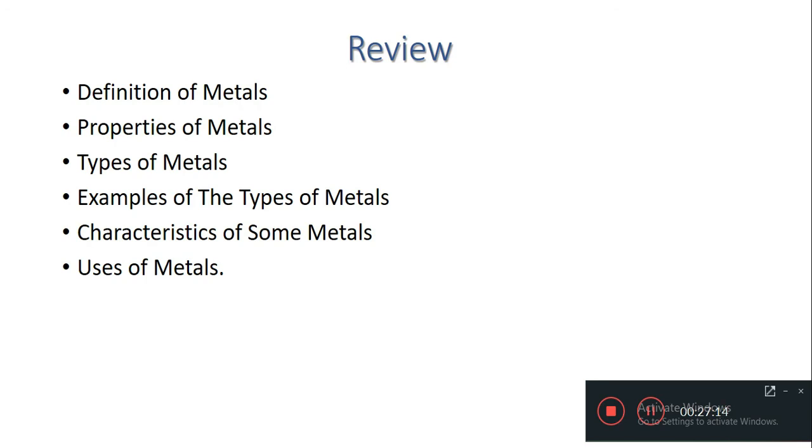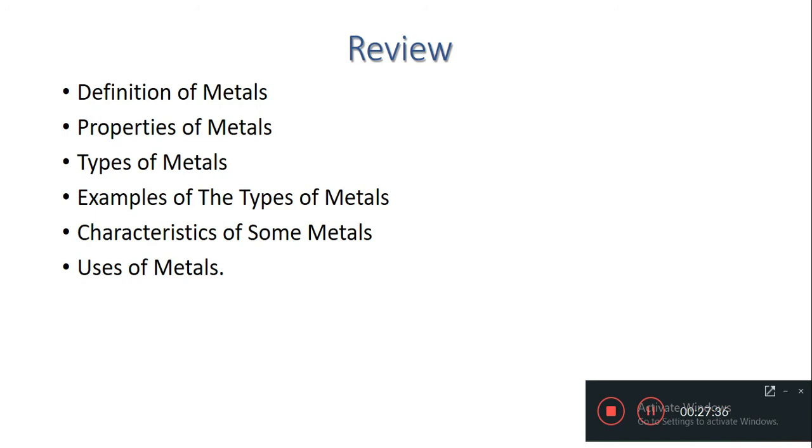Now a review of what we have learned. What is a metal? A metal is a material that has a shiny surface that can easily conduct heat and also electricity. What are some properties of the metals that we have discussed?